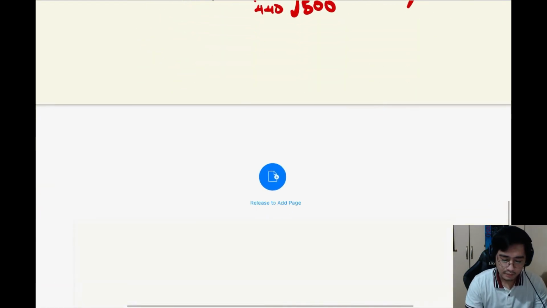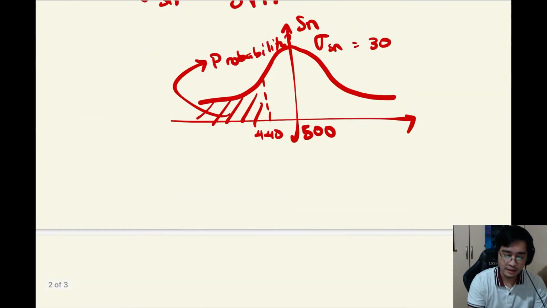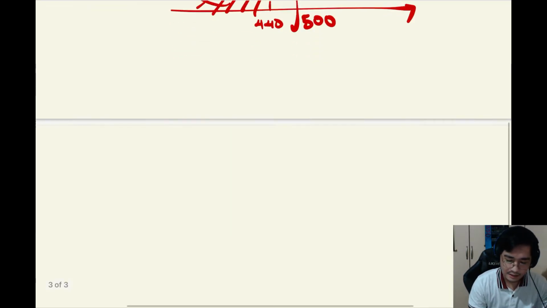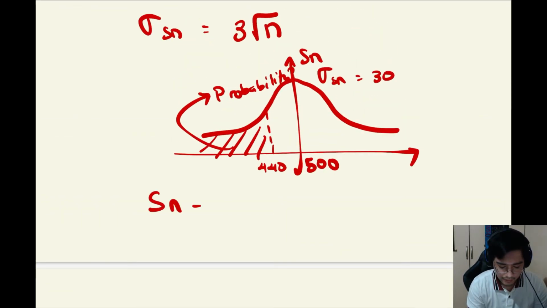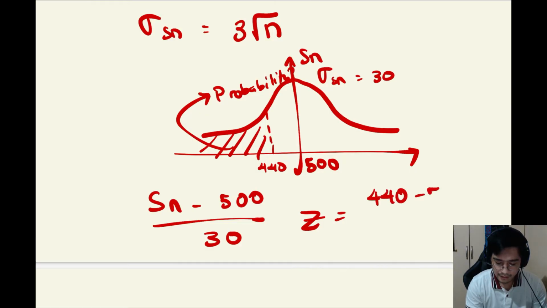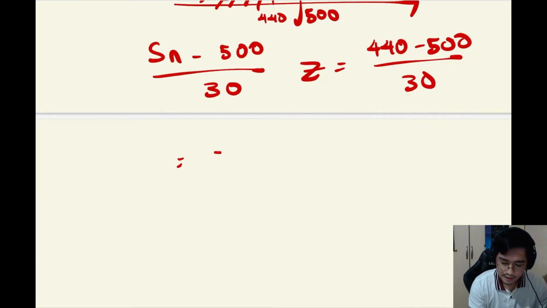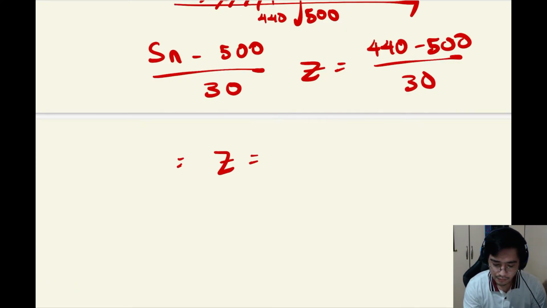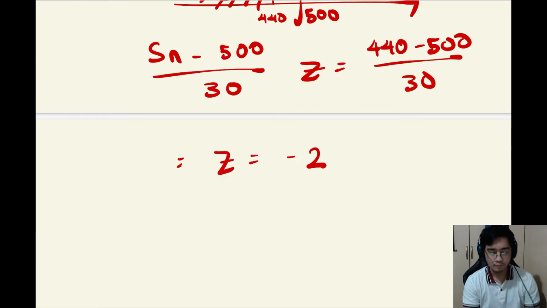To do that, we can standardize this Gaussian distribution by subtracting 500 and dividing by 30. To get this critical point in the standard normal distribution, z is equal to (440 minus 500) over 30, which is equal to negative 2.